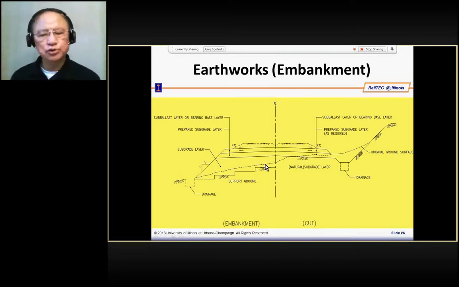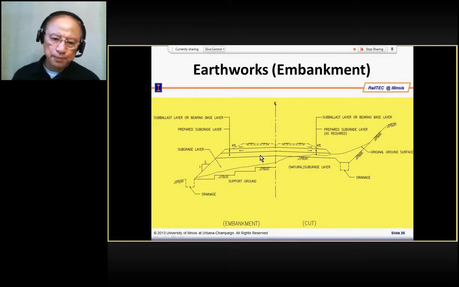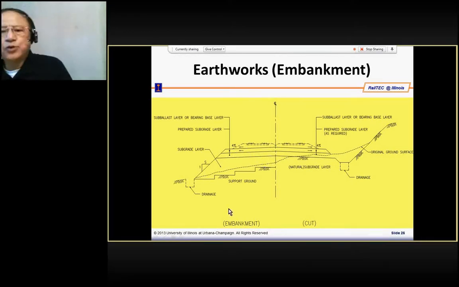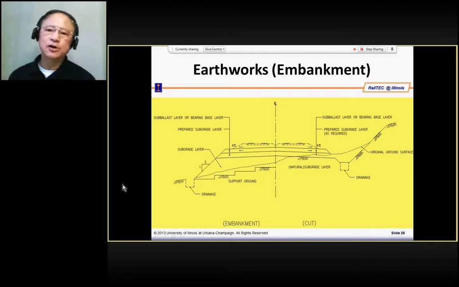A rainy day is not suitable for doing it, and you have to provide enough slope to drain out the water in case water starts to accumulate at the interface. Okay, so these are some of the details, and so the earth structure is the cheapest of all the structures, but it requires the highest quality control.